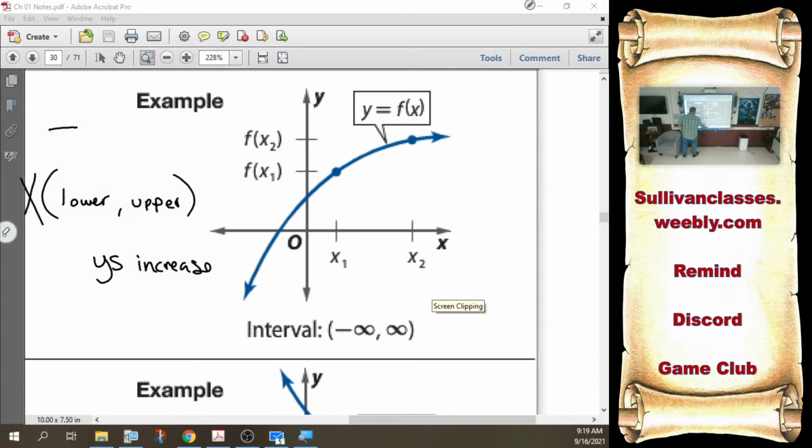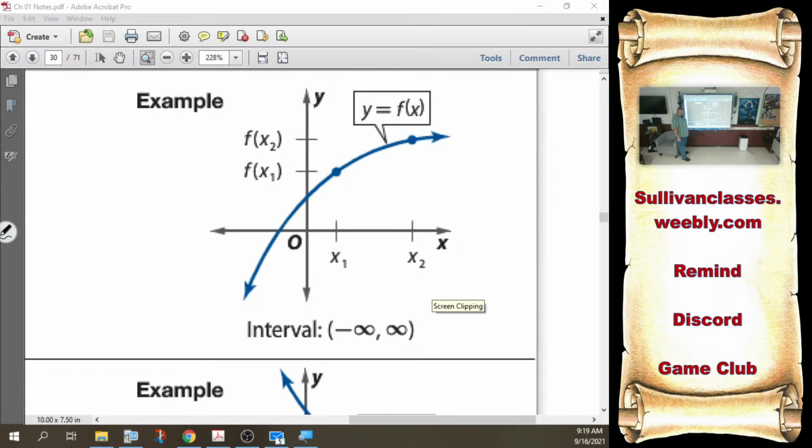Maybe you remember this from all the way back in Algebra 1 in terms of correlation. Y'all remember positive correlation? Negative correlation? Positive and negative correlation says as my x's increase, my y's do what? In this case, as my x's increase, my y's increase. This would be a positive correlation. I would also, in terms of a function, call it an interval of increase.